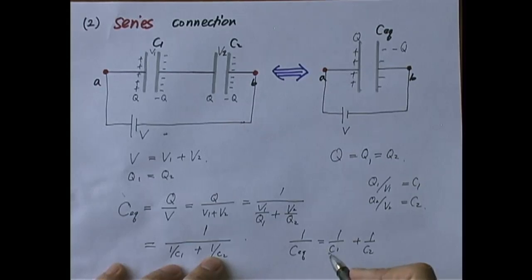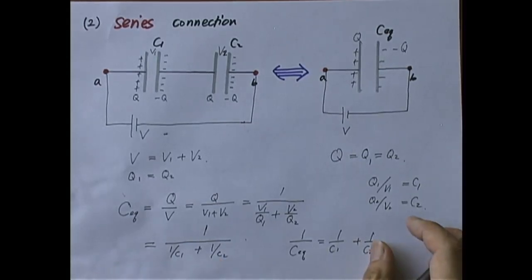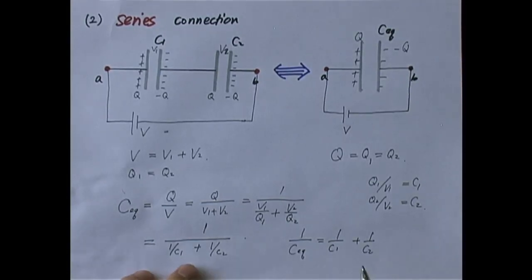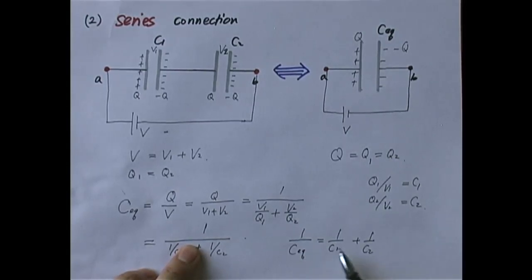Now, when you add capacitors in a parallel connection, the final value of C equivalent is greater than each individual capacitor because you just add their capacitances up. On the other hand, if you put them in series, things are a little different. You can see that C equivalent is less than the smaller of these two C's.